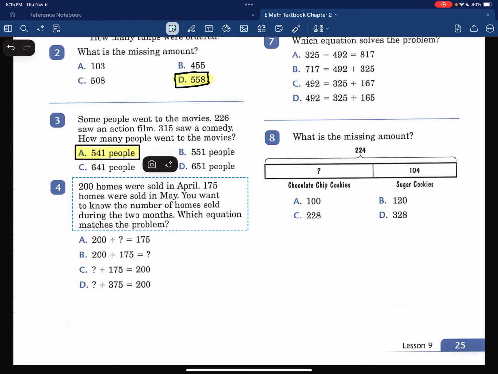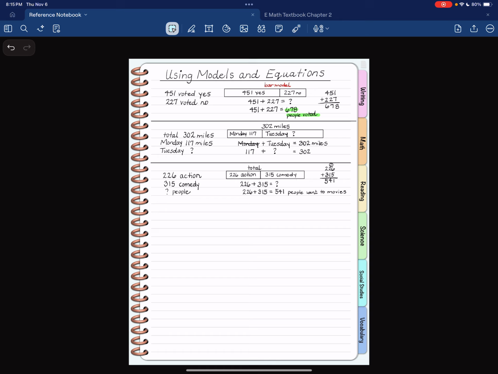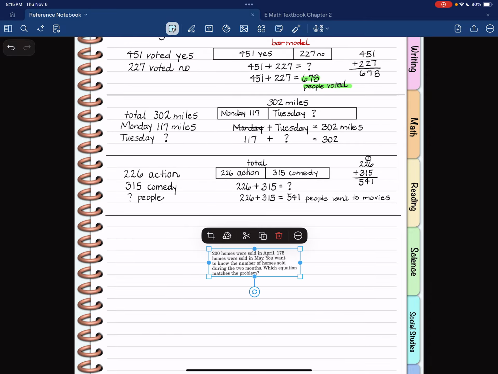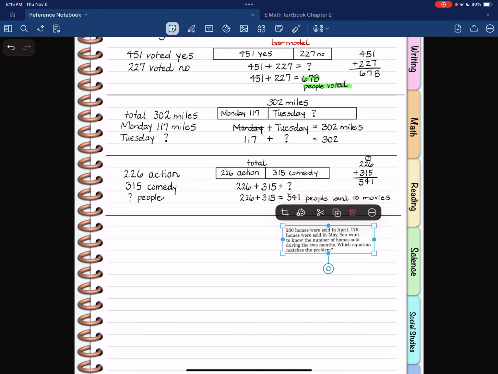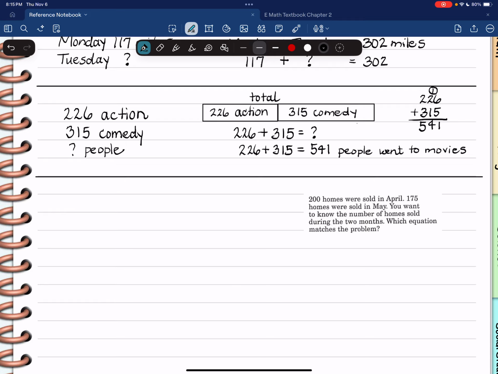Which equation matches the problem? So let's come back to our examples and add a space for this one. And you don't have to copy this. You can if you want. You can pause the video. But I'm just going to set it right here for the moment. And let's start breaking it down.